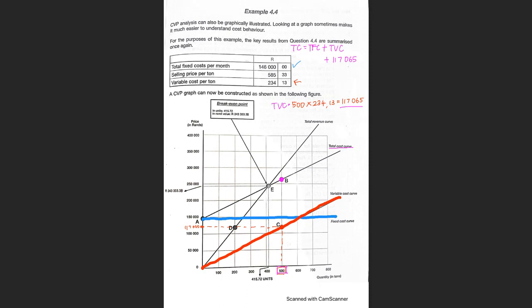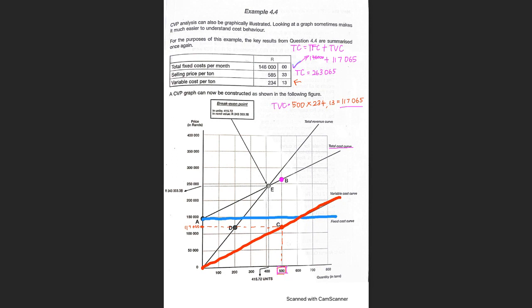And the total fixed cost, which came from here, is 146,000. So with 500 units, 146,000 plus 117,065 gives us a total cost of 263,065.